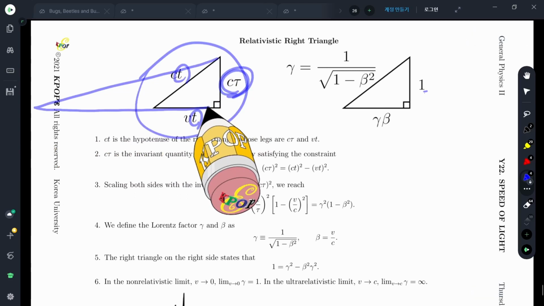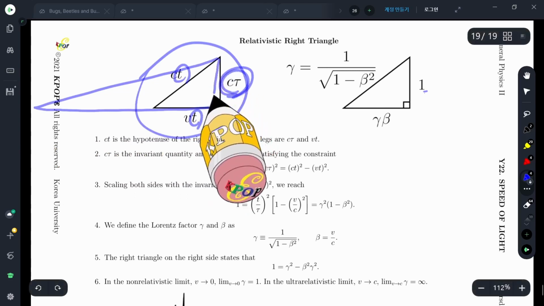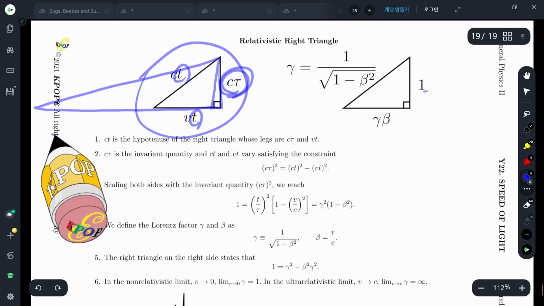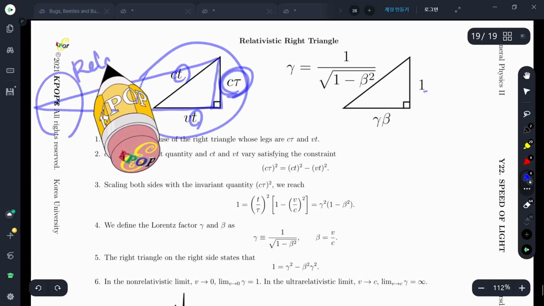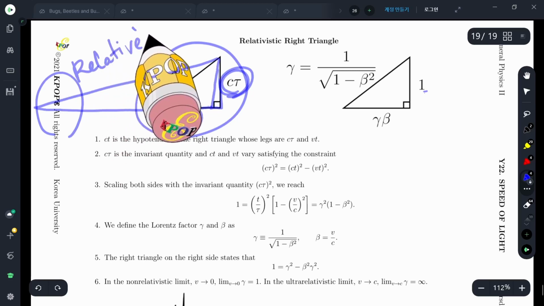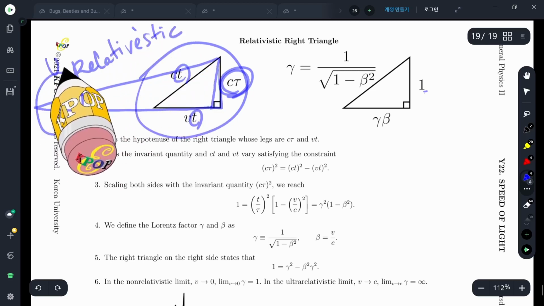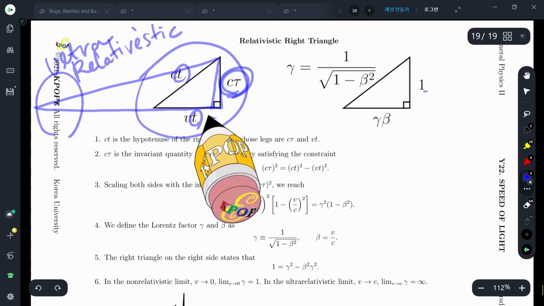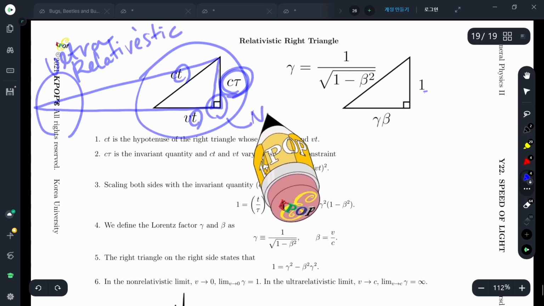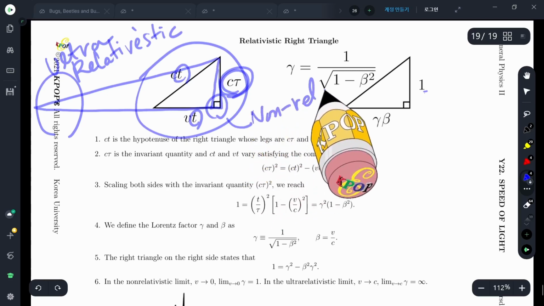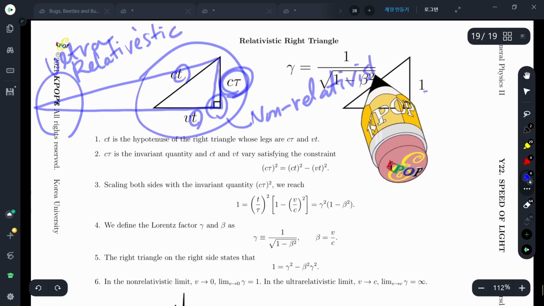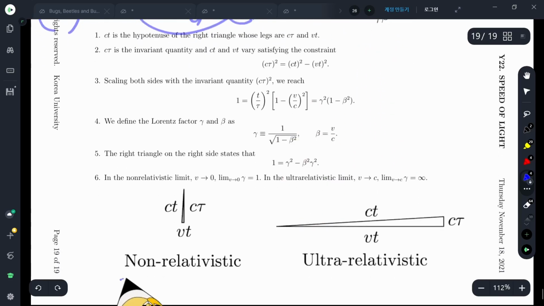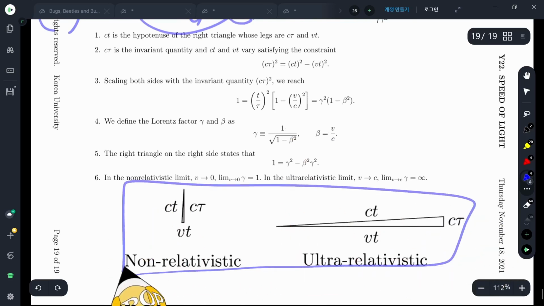If v decreases, it becomes this kind of form. This is highly relativistic, ultra relativistic. And when v goes to 0, this is the non-relativistic limit, as can be seen in here.